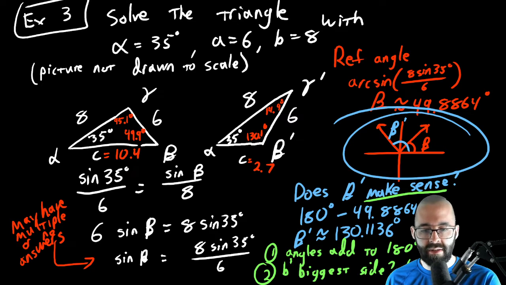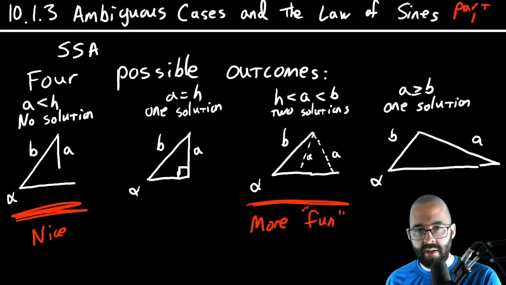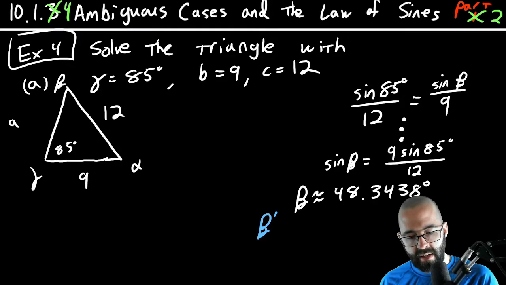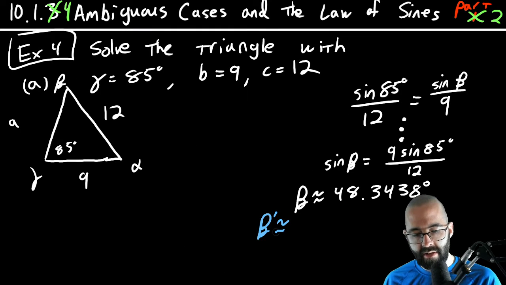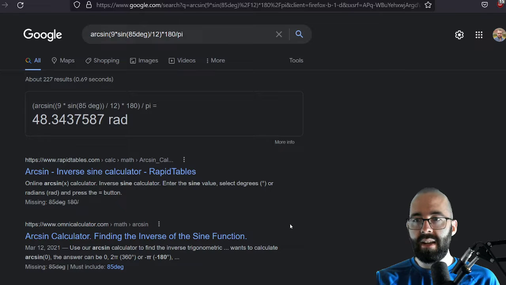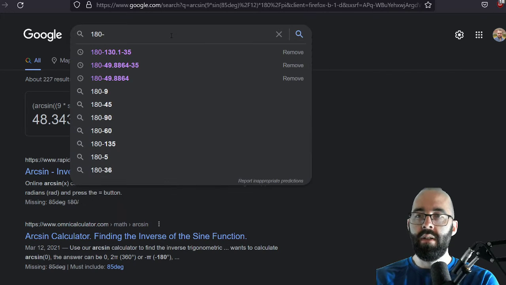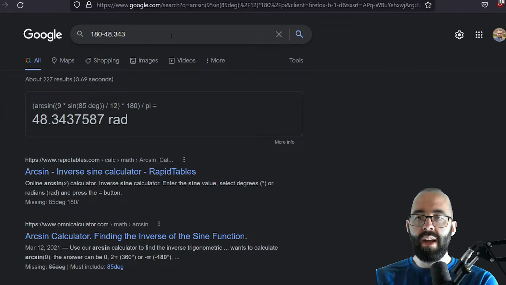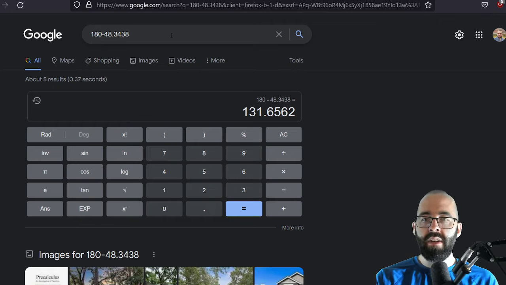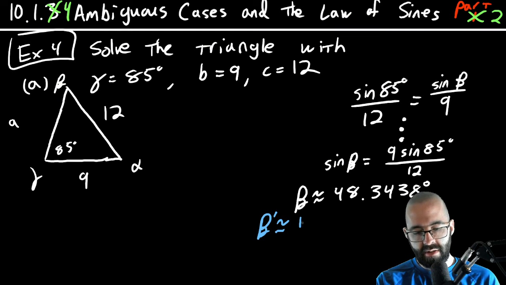That's 180 degrees minus beta. So beta prime would be about 180 degrees minus this answer. This is what beta prime would be: about 131.66 degrees.